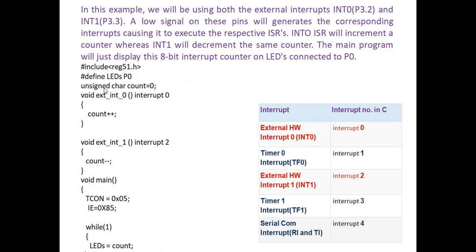Suppose you are using unsigned int or signed int, it occupies 2 bytes in the program memory. So if you practice writing with signed int and unsigned int, you are going to lose 8051 memory space. Already our 8051 microcontroller has just 4K of program memory only.